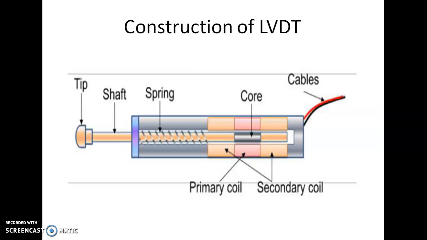All these things are kept inside an insulated tube, and that tube is connected to a shaft, and that shaft touches the object whose displacement is to be measured. Whenever the object displaces, it presses the spring, and accordingly the magnetic core moves inside the coil, and due to that voltage is generated, which is used to measure the displacement.